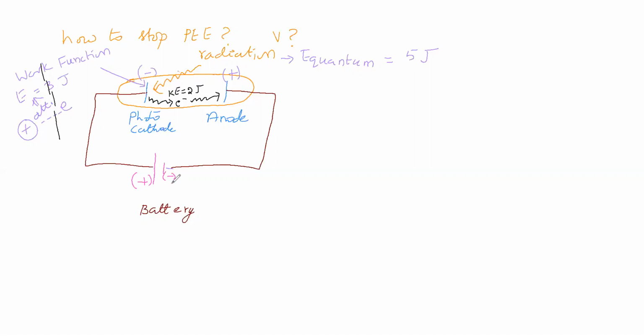Now, this plate becomes negatively charged, because we wantedly connected the battery like this, and we are making this photocathode positively charged.